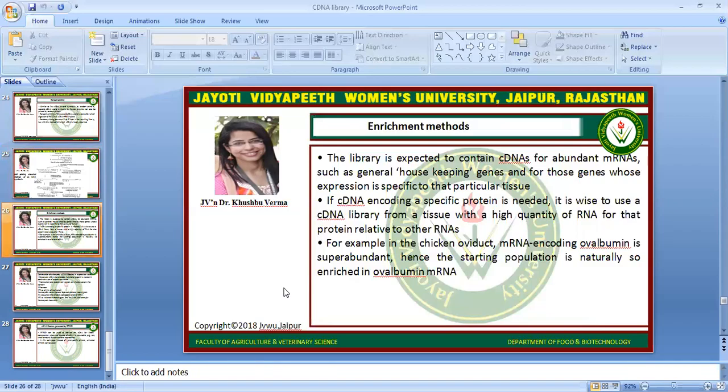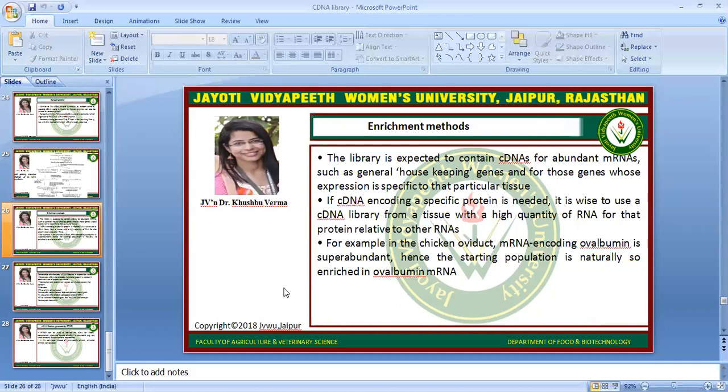Now we will discuss the enrichment methods. The library is expected to contain cDNA for abundant messenger RNA, such as general housekeeping genes, and for those genes whose expression is specific to the particular tissue. If cDNA encoding a specific protein is needed, it is wise to use a cDNA library from a tissue with a high quantity of RNA for that protein relative to the other RNA.